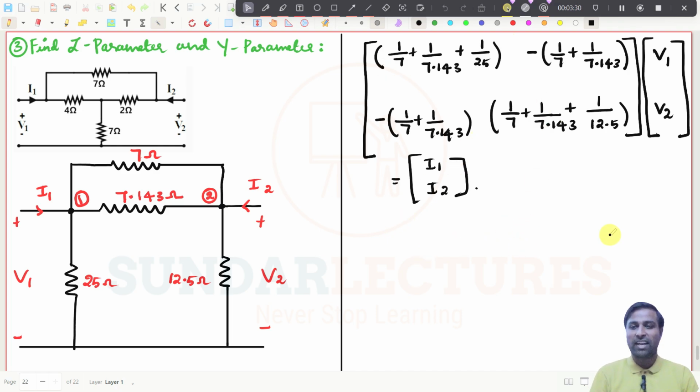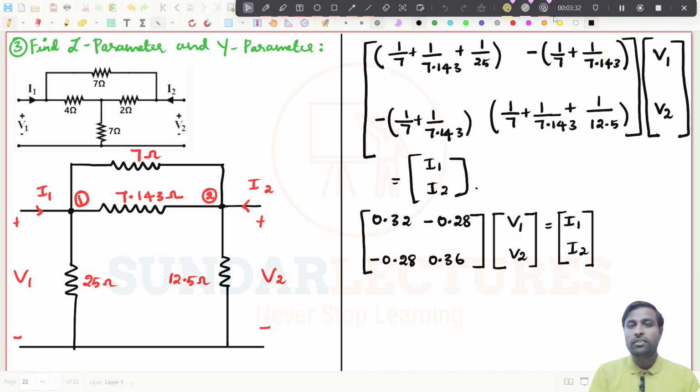So I will simplify and write down the expression. See, we are getting this matrix format, and you can easily write down the expression. Now what will be I1? It is 0.32 V1 minus 0.28 V2, and that will be I1.